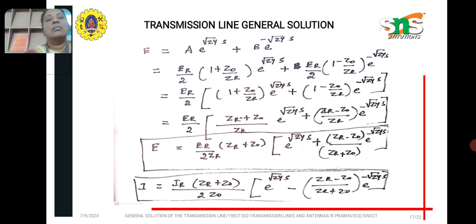The first general solution of voltage and current at any point on a transmission line: E is equal to ER by 2 ZR into ZR plus Z0 e power root ZY into S plus ZR minus Z0 e power minus root ZY into S. Similarly, the current is IR into ZR plus Z0 by 2 Z0 multiplied by e power root ZY into S minus ZR minus Z0 by ZR plus Z0 e power minus root ZY into S.